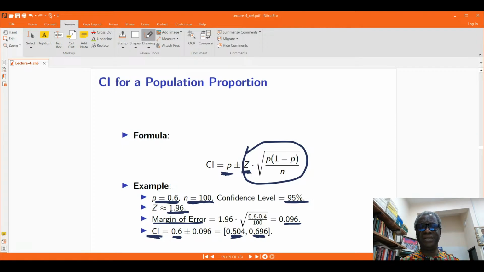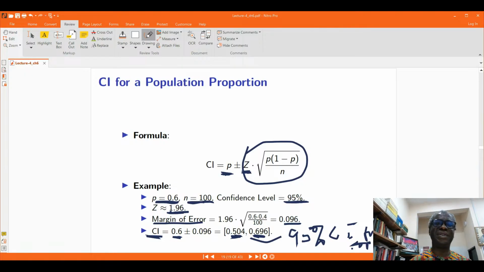So this is the 95% confidence interval for the population proportion. So we can see now that anybody in this class should be able to compute a confidence interval for the mean and a confidence interval for a proportion.